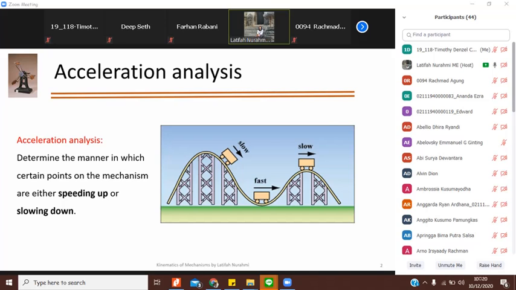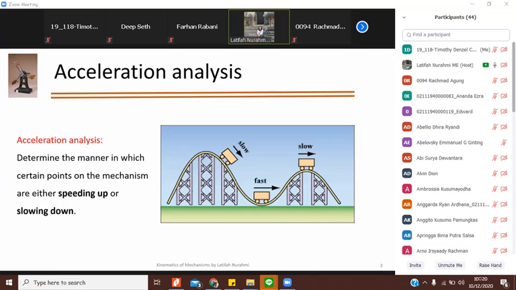So here we see the roller coaster is going up and down. Initially, it's going up quite slow. Then, when it reaches the top, it's slowing down and it reaches almost zero.